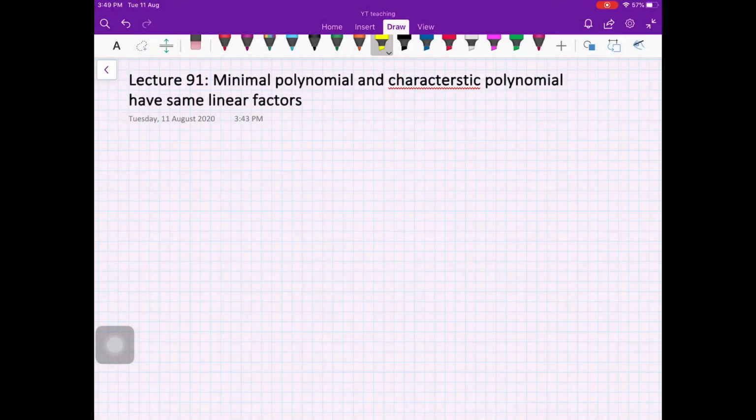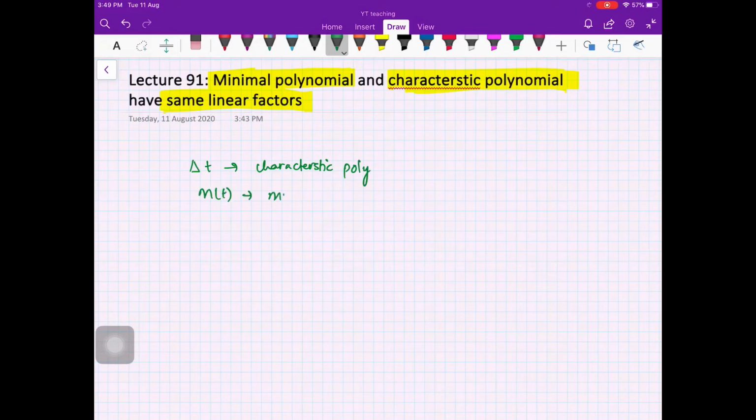In this video we are going to prove that the minimal polynomial of a matrix and the characteristic polynomial of a matrix have the same linear factors. In the last video we already saw that, if Δ(t) is the characteristic polynomial of a matrix and m(t) is the minimal polynomial of the matrix, then the minimal polynomial divides the characteristic polynomial.